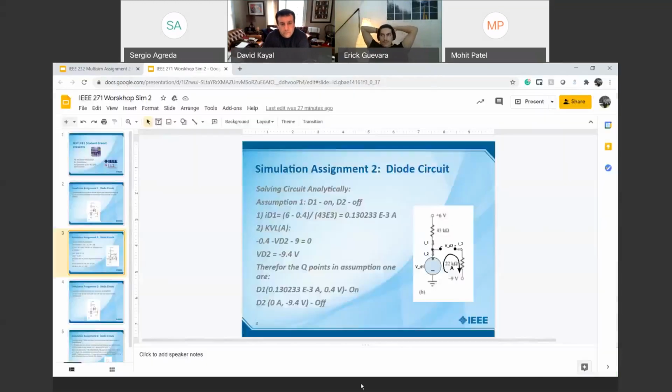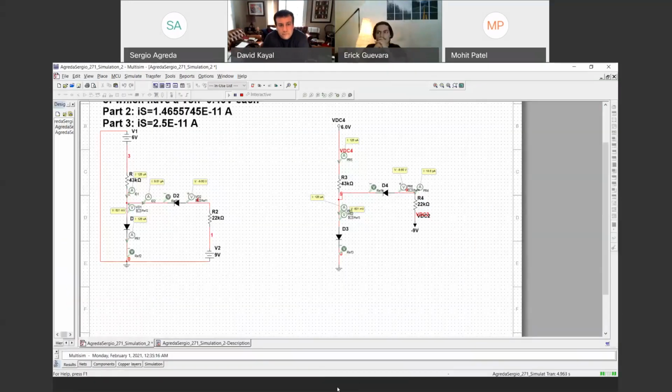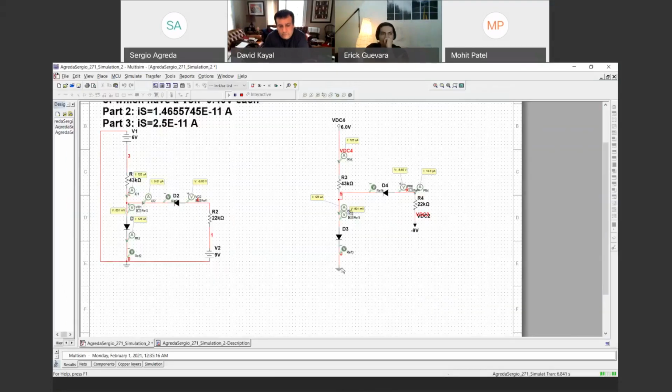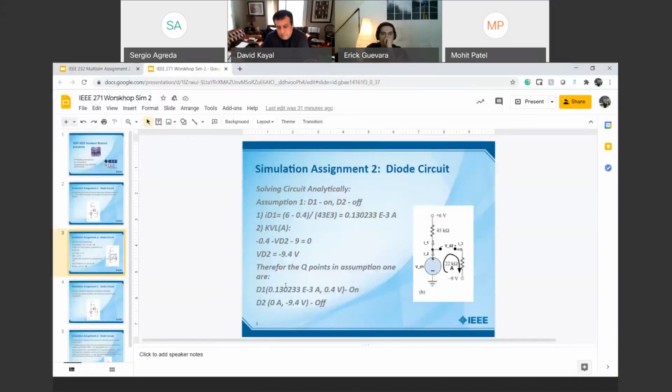So this is kind of odd, because we found from our calculations this is supposed to be the voltage drop you see in this diode here, but we're getting 0.6. Same thing with the current. The current is not what we calculated. It's supposed to be 0.13 milliamps, but we're getting something else.